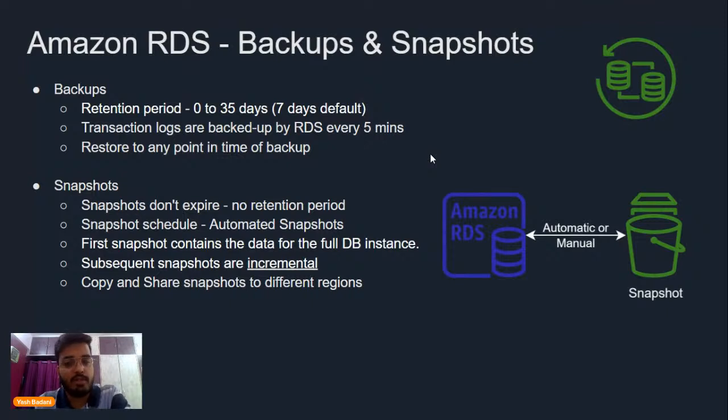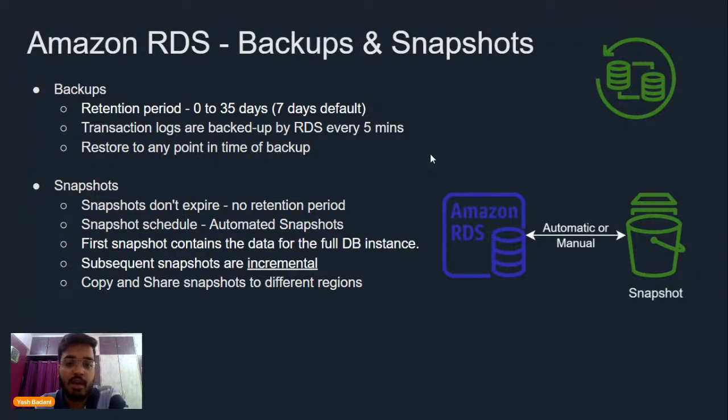Talking about snapshots. People often confuse backups and snapshots, but snapshots are different, and they are a copy of your instance itself, right? And they do not expire like backups do. You can have as many snapshots as you want. There is, of course, a limit to the number of snapshots you can have within your Amazon account, and that limit is a variable limit.